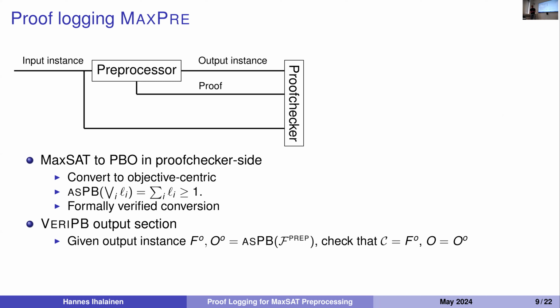We check that when the verifier has got to the end of the proof and is happy that everything we did is correct, it reads the output instance and verifies that the constraints in the core set of the verifier are exactly the constraints you get when you load the output instance, and that the objective functions are exactly the same. And then you have verified that the output instance and input instance are equi-optimal.